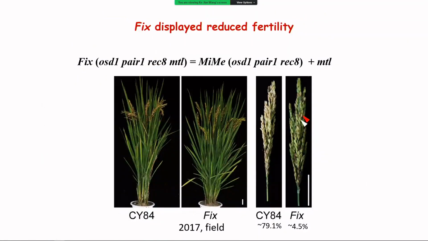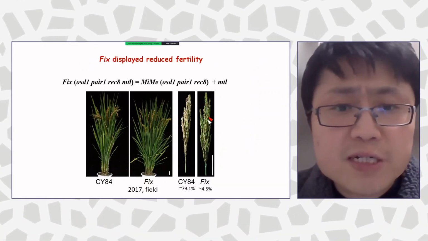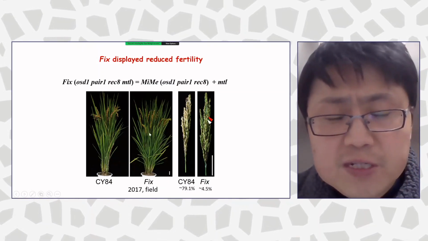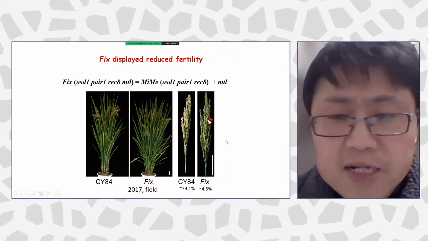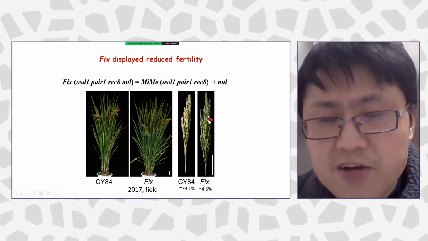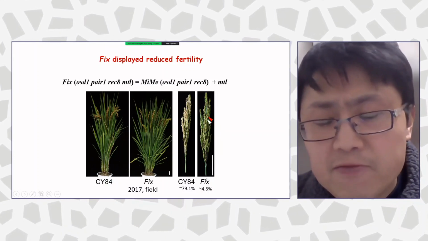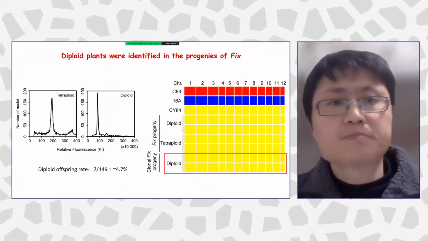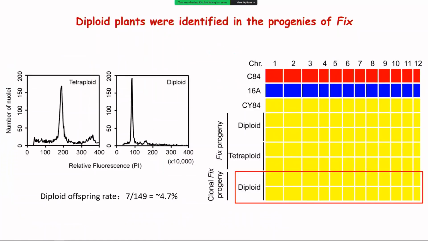We also observed the phenotype of the mutant. This is the wild-type hybrid, CY84, and this is the fix mutant. It displays normal vegetative growth, but the seed setting rate is also reduced significantly, only about 4.5%, which is even lower than that of the MTL single mutant. Next, using flow cytometry, we found that of the 149 seeds, 7 plants were diploid, and the rest are tetraploids.